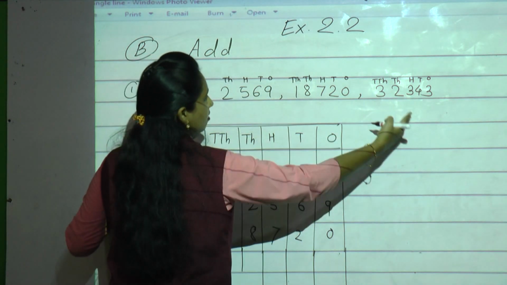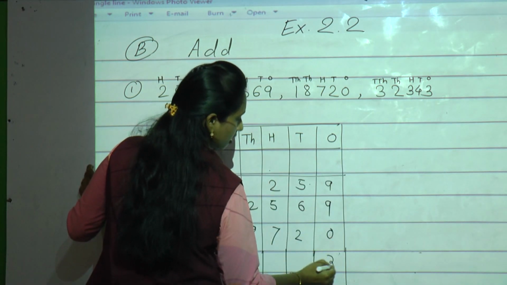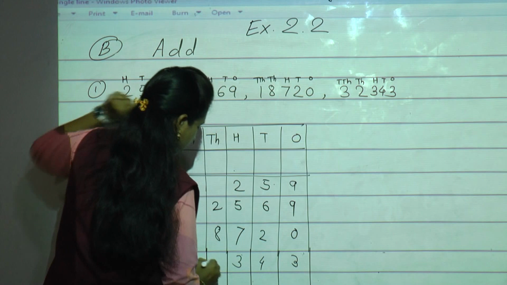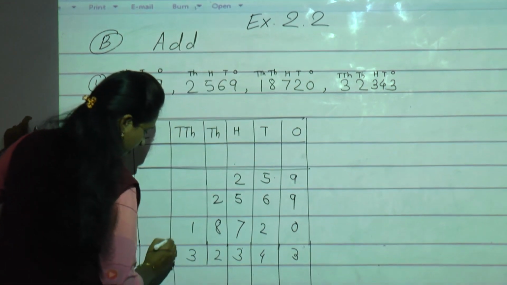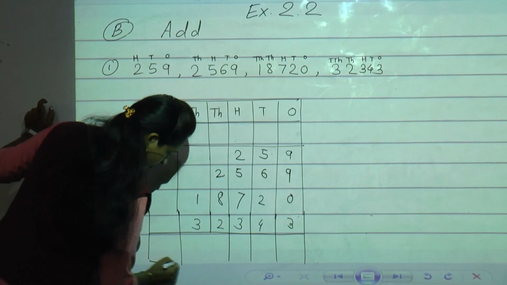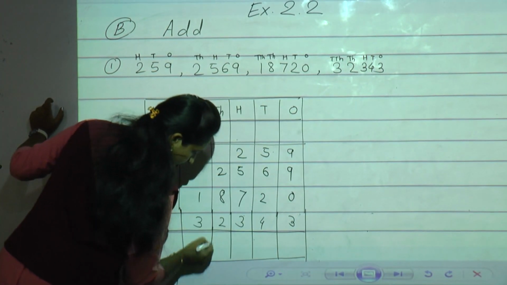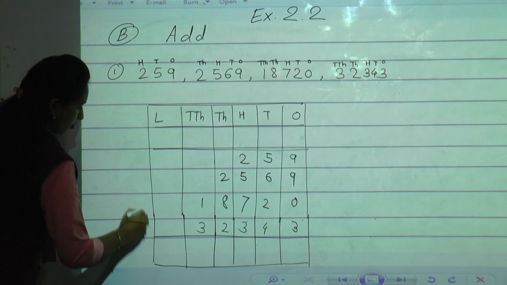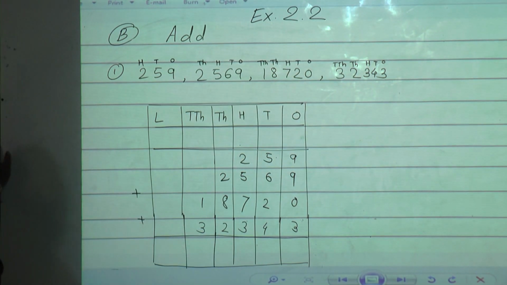Now see the last number. Ones place 3, then 4, then 3, then 2, then 3. Now we have to add all these numbers and we will find out the correct answer. We will give the addition symbol. Now we will do the addition.